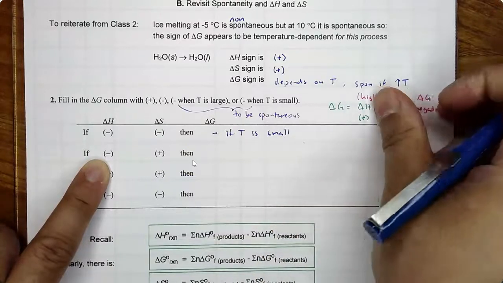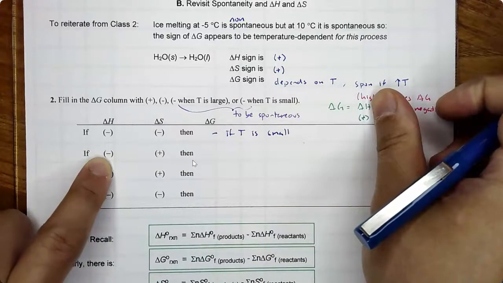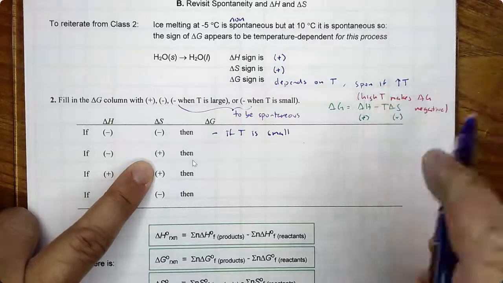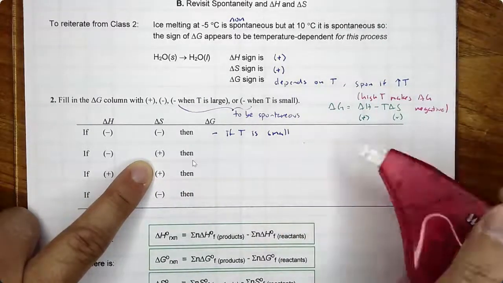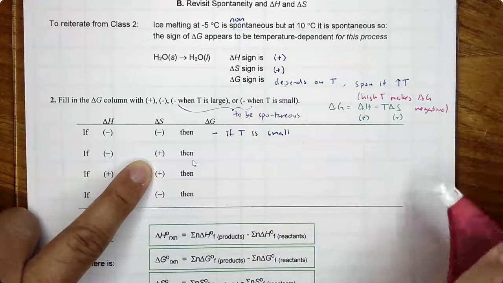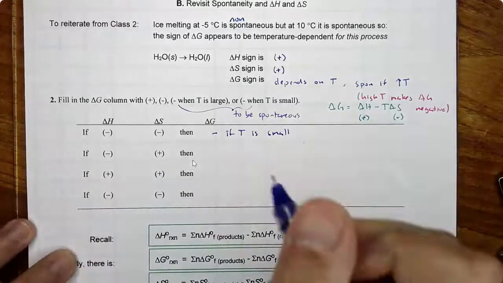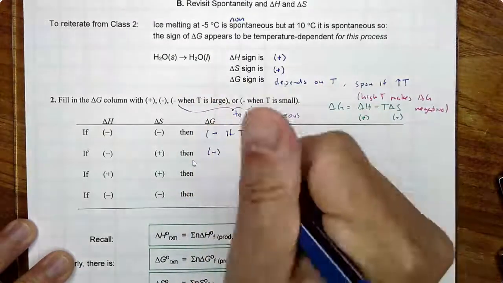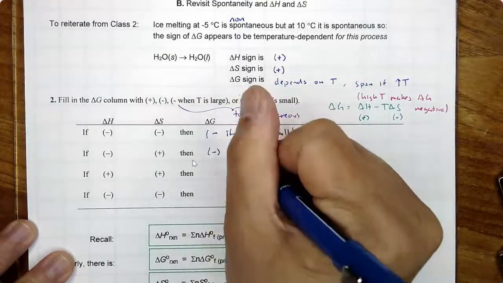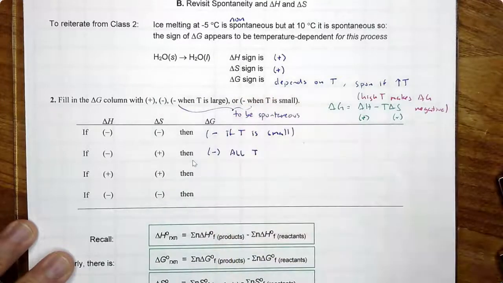So far delta G is negative if we only had delta H. Delta S is positive, but we're minusing a positive number, so we're getting even more negative. This delta G will be negative, and I'm going to even put always, or we'll say at all T, at all temperatures.